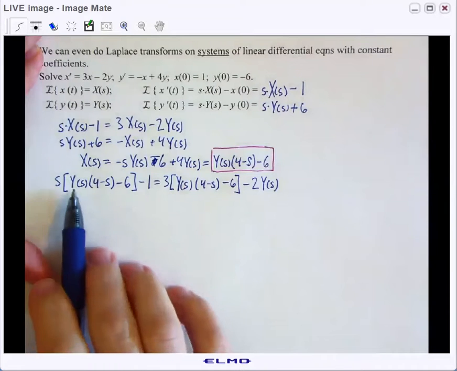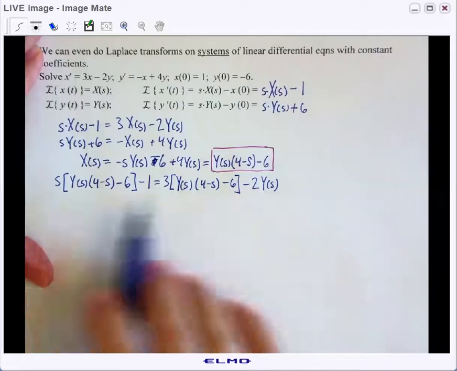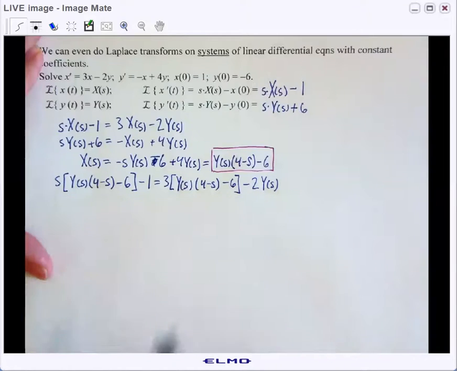And now we have a single equation in one unknown, namely Y of s. Let's see if we can distribute through and then solve for that Y of s.